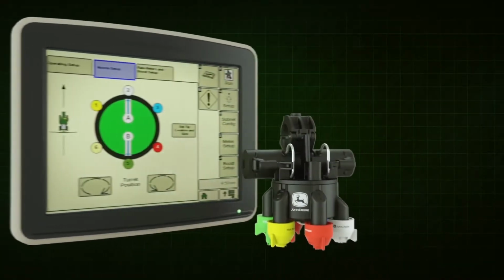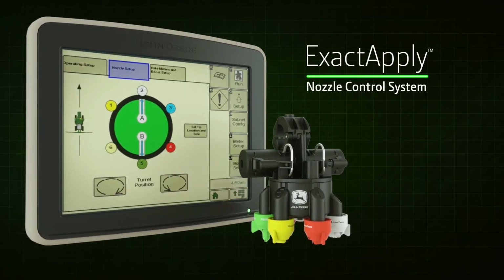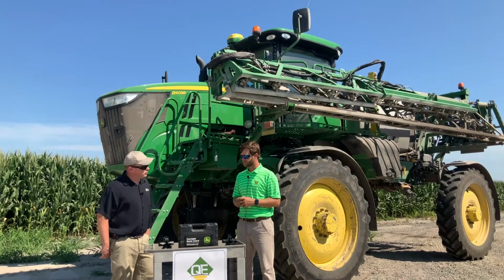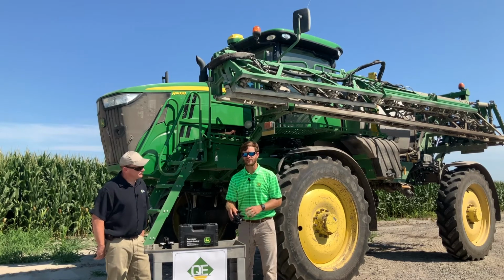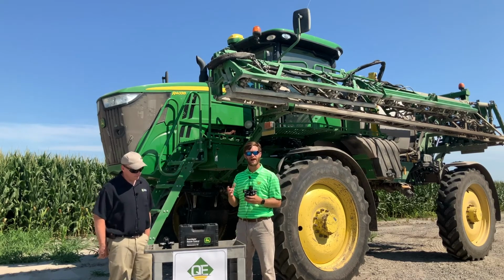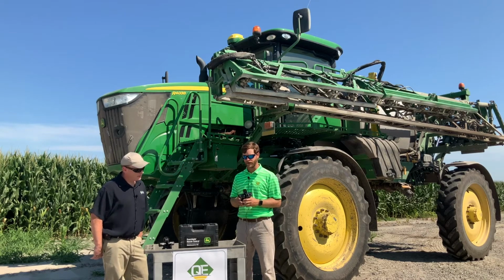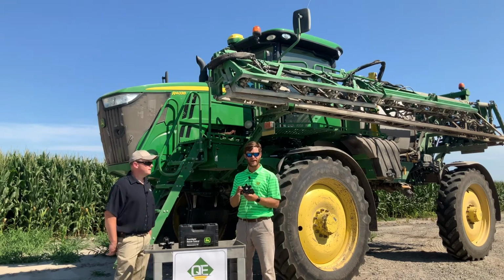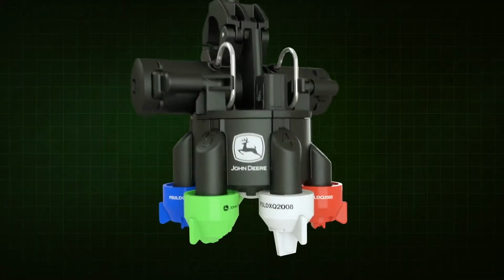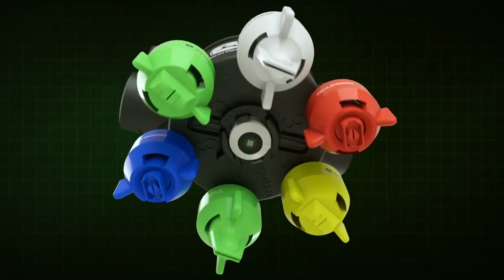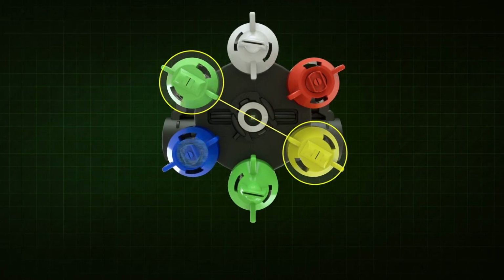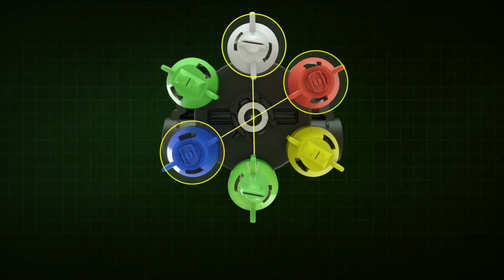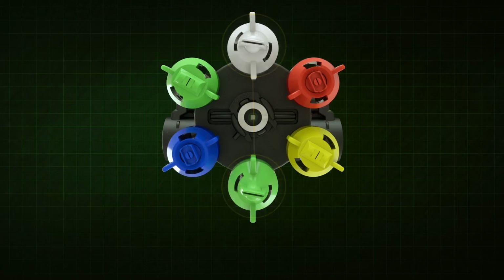So Jared, we're going to talk about our ExactApply technology this morning. You mind sharing with us what it does? Yeah, so as we think about our conventional system, we either had a 3 or 5 nozzle body that went on our sprayers. As technology has continued to advance, we've gone to more of a turret design that gives us the capability to have 6 nozzles per the design, and where we can have several different modes that we spray at with this technology.